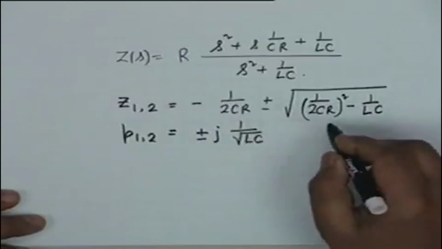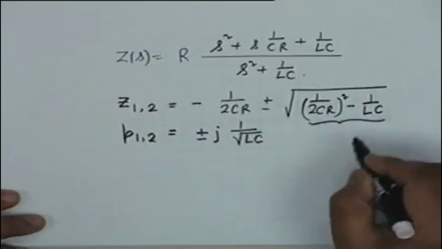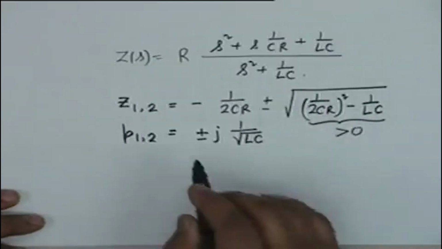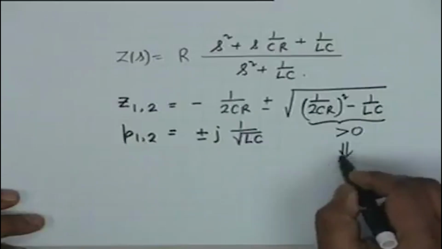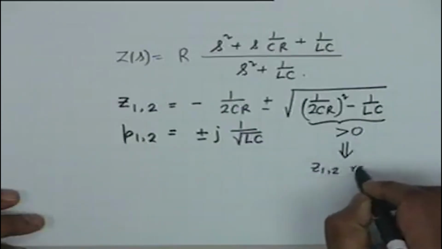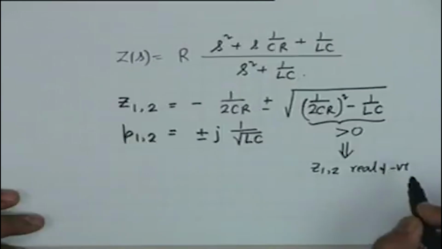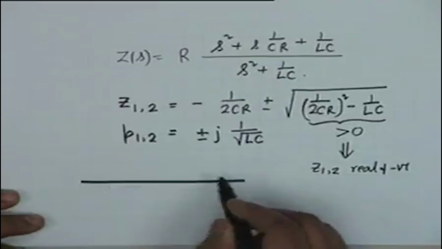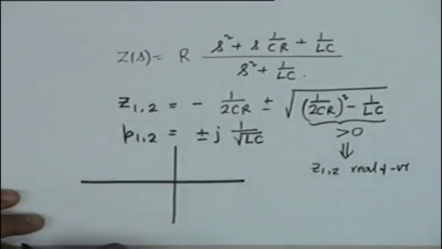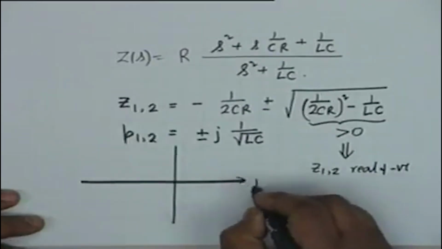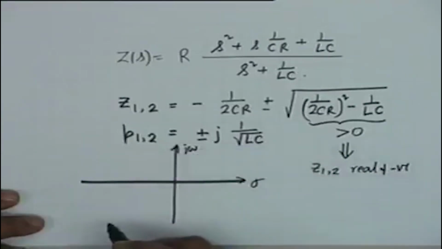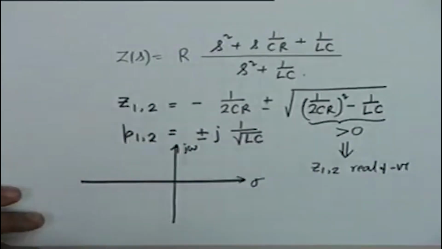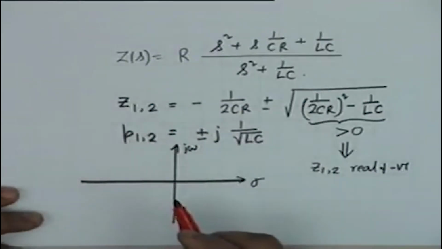Suppose the quantity under the square root sign is greater than 0, then obviously both the roots, z1 and z2, shall be real and negative. Now these are indicated on the complex plane or the S plane like this, sigma, j omega, and the two roots of the numerator are denoted by circles.